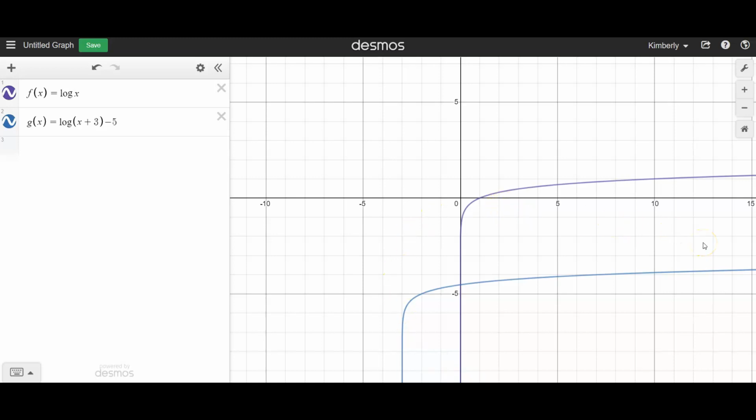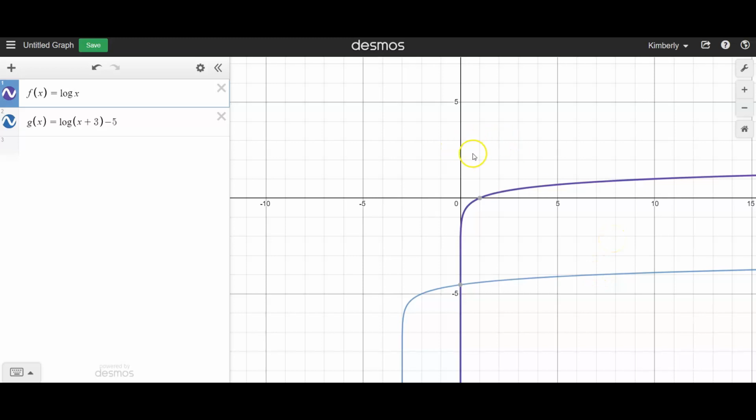But remember the base is 10 here, so we know this goes through that point of 10, 1. So if we take that point of 10, 1, and we do the transformations we talked about, which was going to the left 1, 2, 3, and then down 5, 1, 2, 3, 4, 5, we have our new point right here.